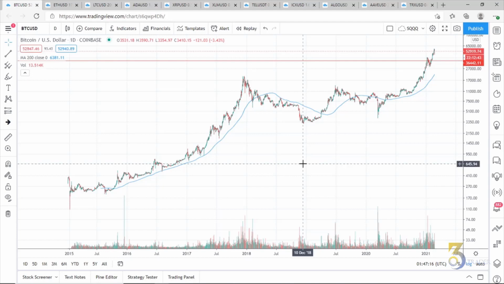And we basically call that pullbacks. You can also have consolidation within an uptrend. And we also call that bounces, or dead cat bounces, in a downtrend. So those are the other identifying factors: even though you have an uptrend, you can still have other confluences going on within that trend.